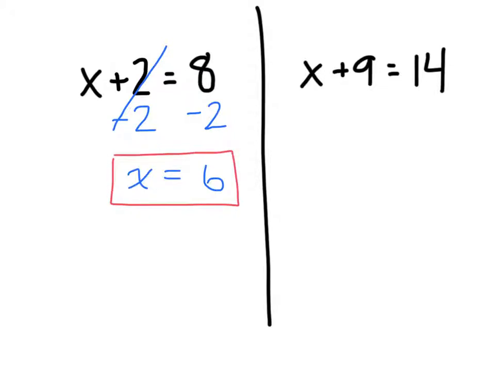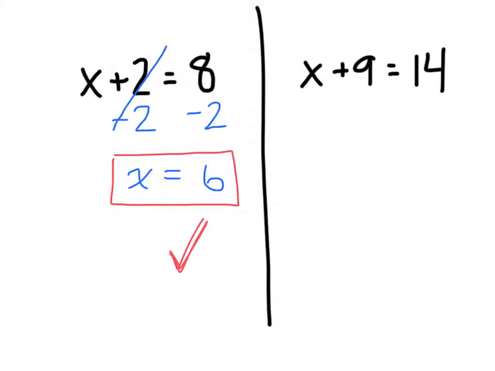If we want to double check, all we have to do is take this 6 and plug it back into the equation. Is 6 plus 2 equal to 8? Yes, it does. So that answer is correct. What I want you to do now is pause the video, try the second one over here, and unpause the video when you're ready to see what I did.